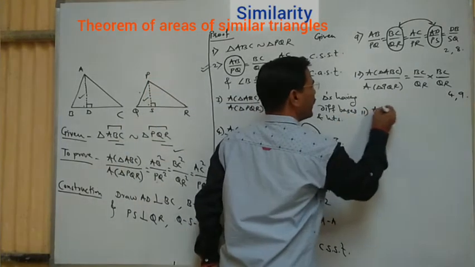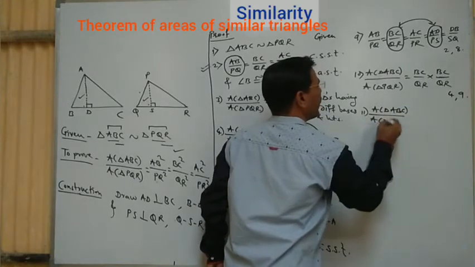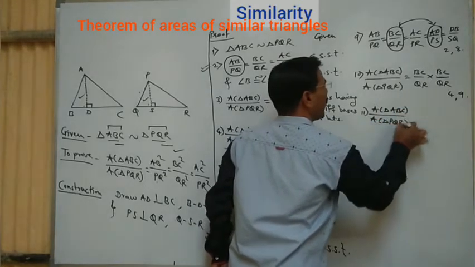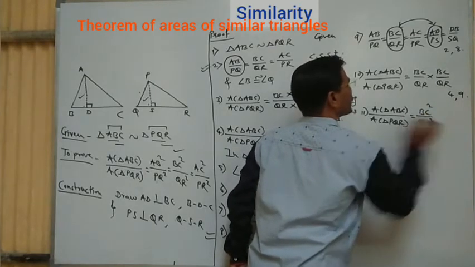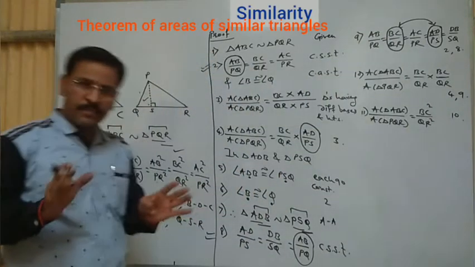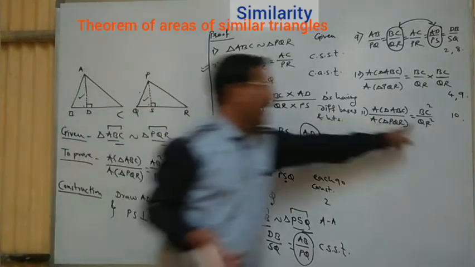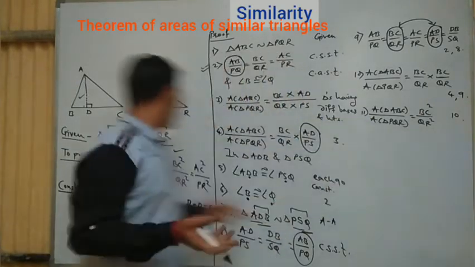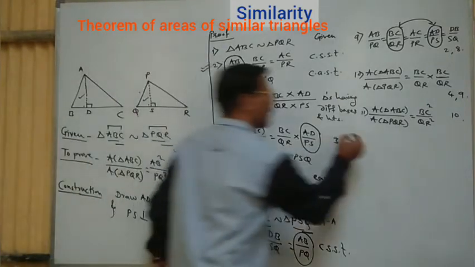Area of triangle ABC upon area of triangle PQR is equal to what? BC square upon QR square. This is from step number 10. Now what is the remaining part? Similarly, as with BC and QR, we can prove that for AB and PQ or AC and PR. That one we can write here.